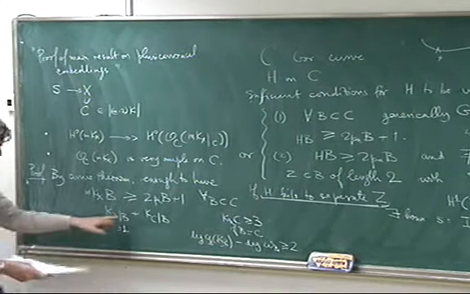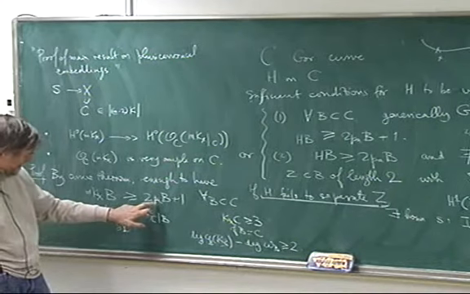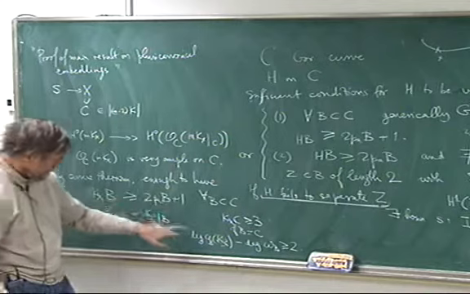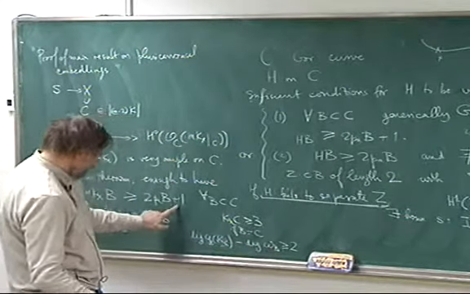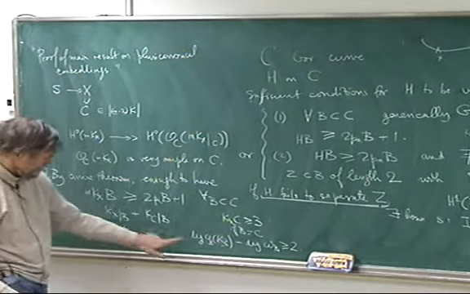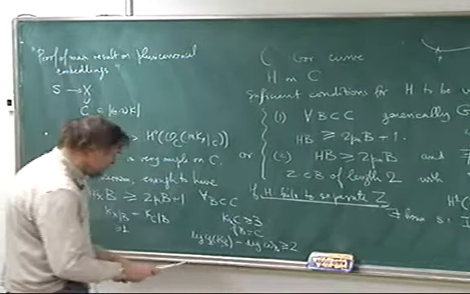Okay, so I want to get this to be greater than or equal to this, so twice the degree of this plus 3. So I'm winning 1 from here, and I'm going to win 2 from here.